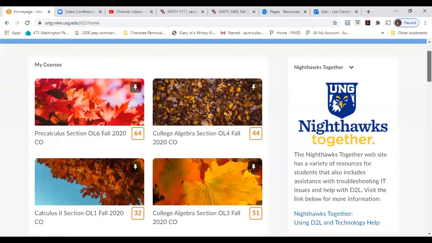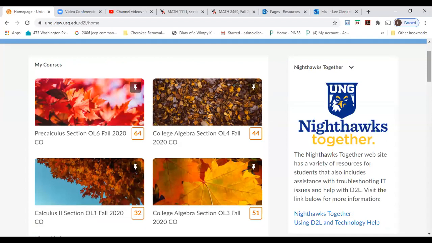Here is my homepage in D2L. D2L is on the school webpage, ung.edu/myung. You will see a word at the top, Distance Ed, over toward the right, and D2L is the first option under it. Now, I don't know how many online classes you have. Your screen's going to look different, but one of your classes should be one of mine.